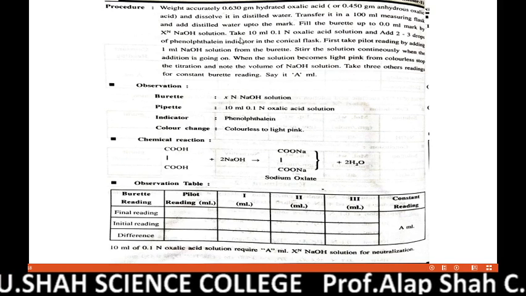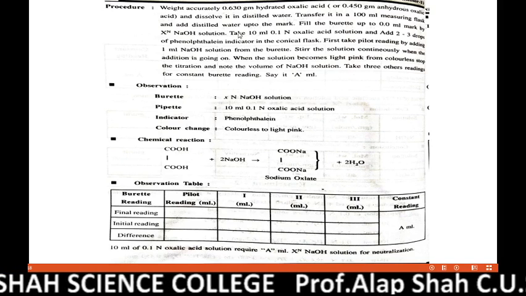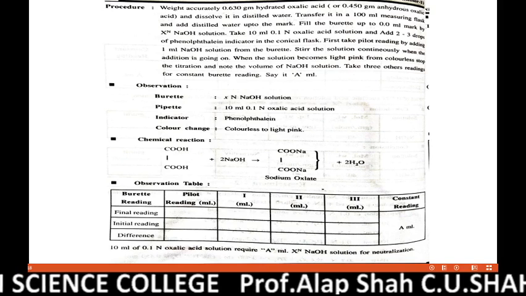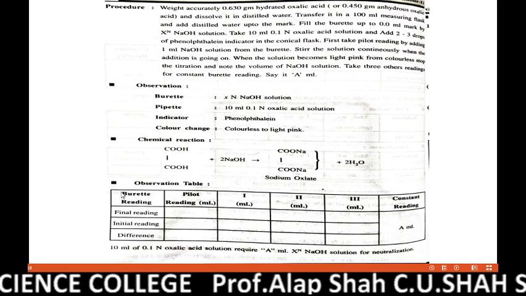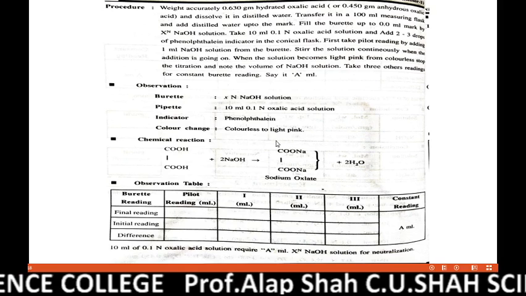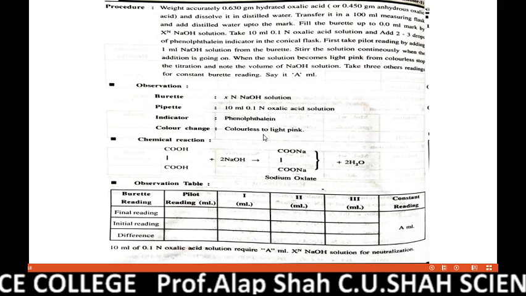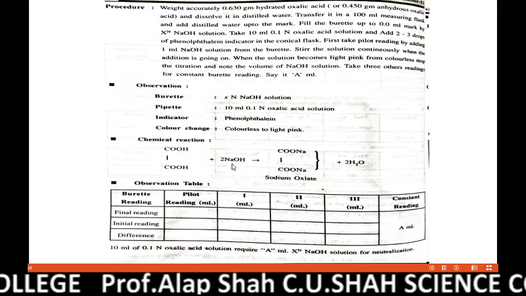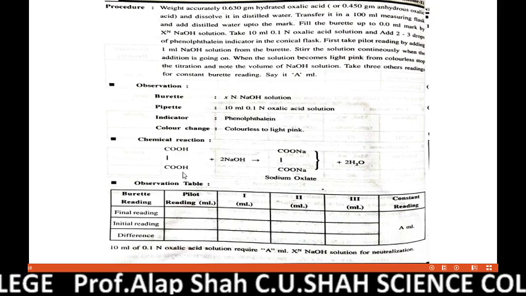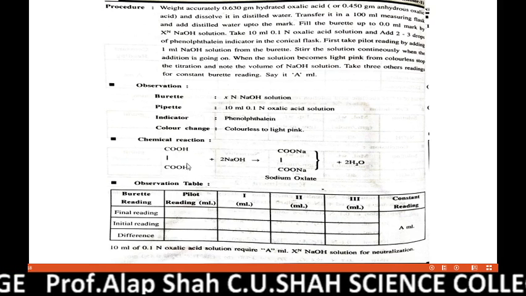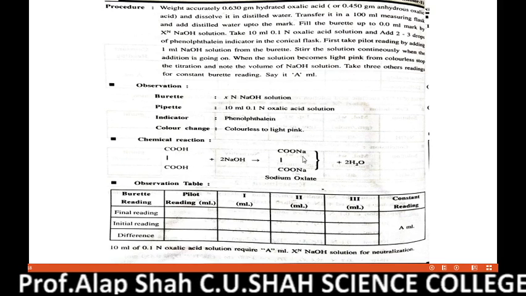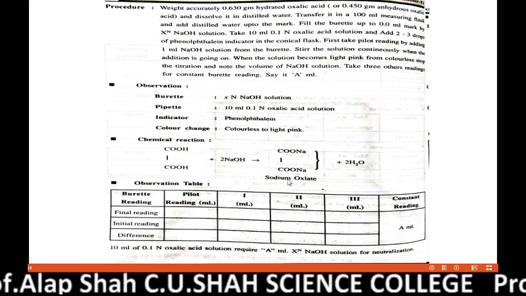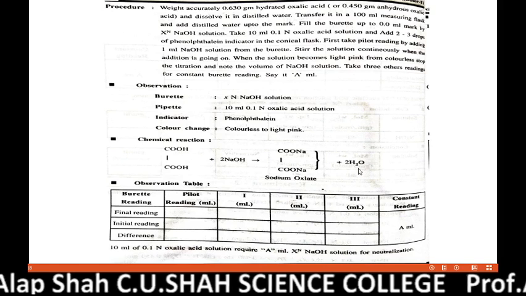We first measure the pilot reading, which was also discussed in the previous videos. At the endpoint we get a light pink color, and that way we get the burette reading. This is the equation: oxalic acid 1 mole plus 2 moles of NaOH. Both hydrogens are displaced by sodium, so we get the sodium salt of oxalic acid, which is called sodium oxalate, plus 2 moles of water.